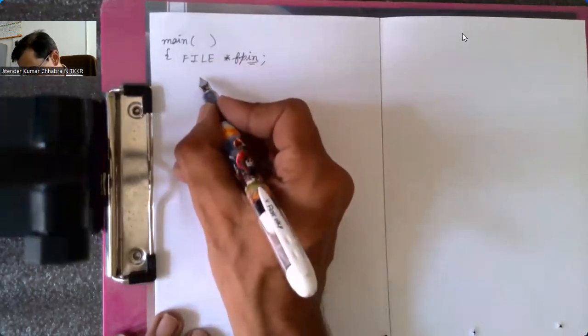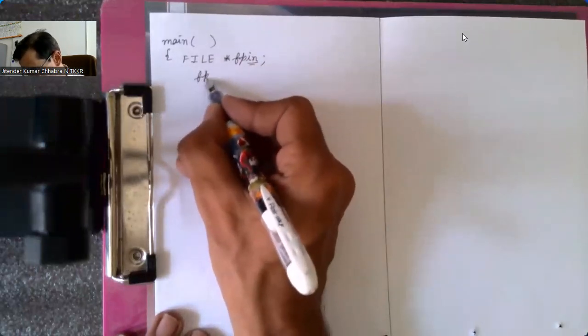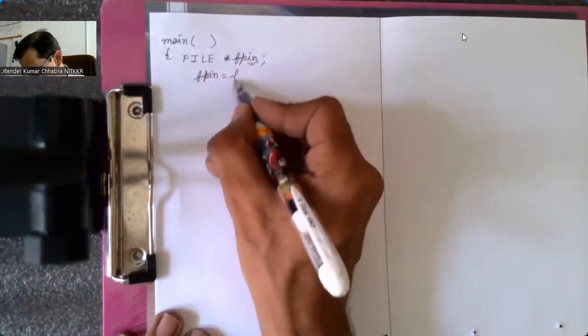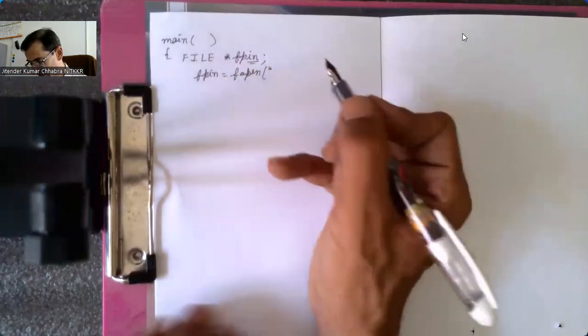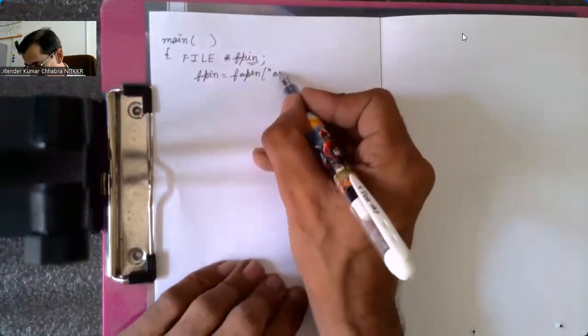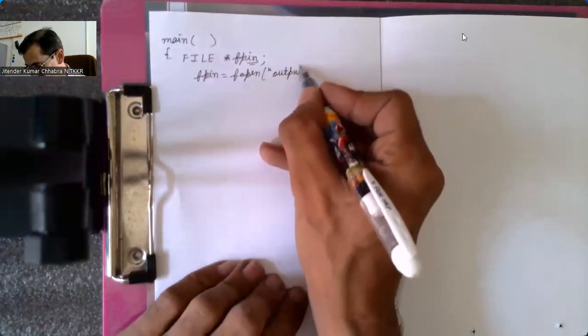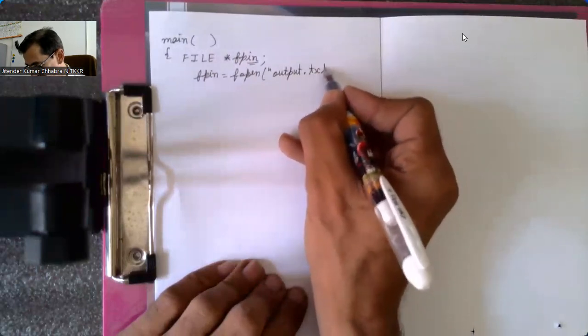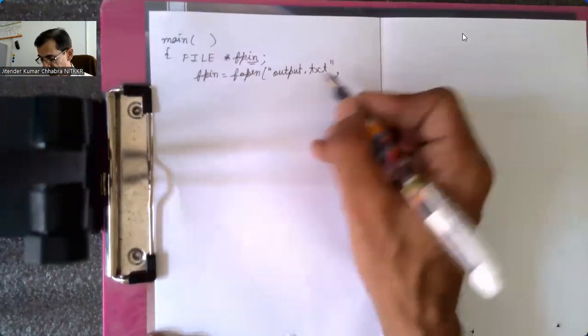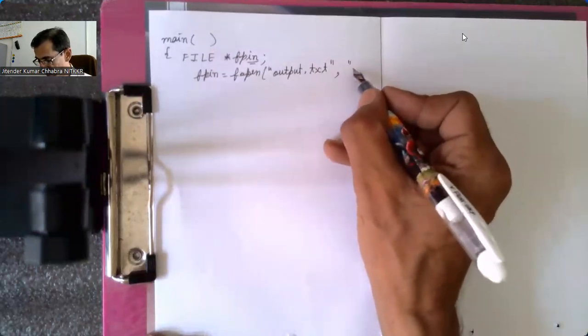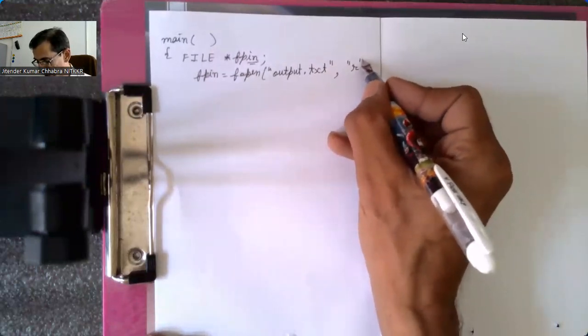First command, open. So fpin is equal to fopen. The file name, the file name by which it is stored in the hard disk. So if I have named that file output.txt, the same file name exists now. So the file we created in the last program, I'm going to use that. And now I will open it in read mode.